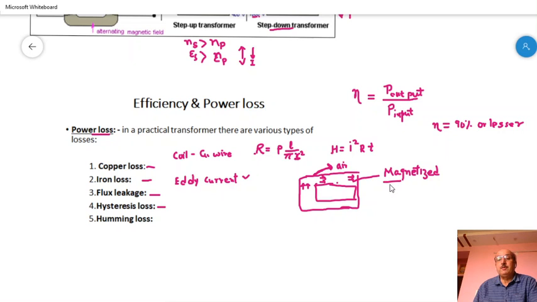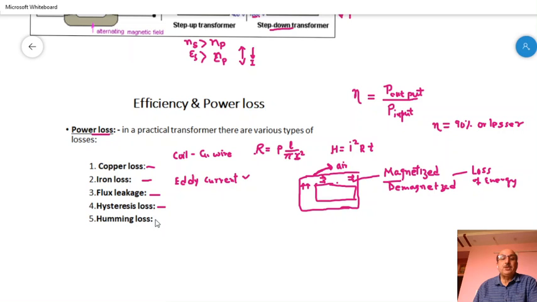In regular interval, that is, it will have a frequency, just like the source frequency. And during magnetization and demagnetization, there is a loss of energy. So this type of loss is called hysteresis loss.